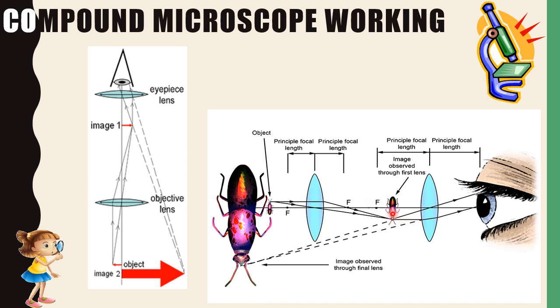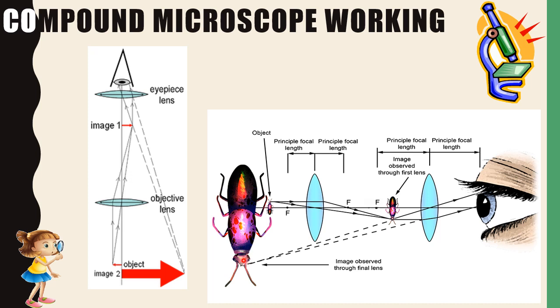Therefore, when we keep an object within the focus of a convex lens, we get an enlarged image which is erect and virtual, and the location will be on the same side. So we are viewing from here. The specimen was this small insect, but when we view through the compound microscope, you get an enlarged image on the same side of the lens. I hope you understood it very clearly.